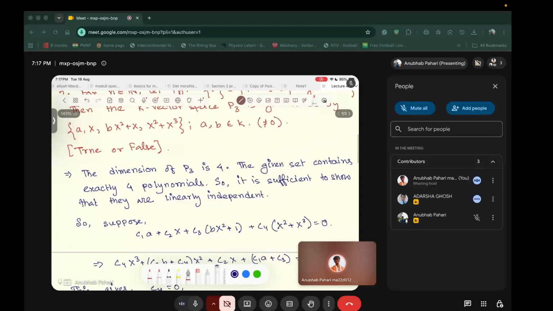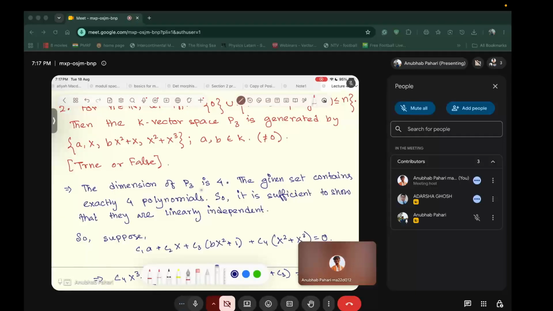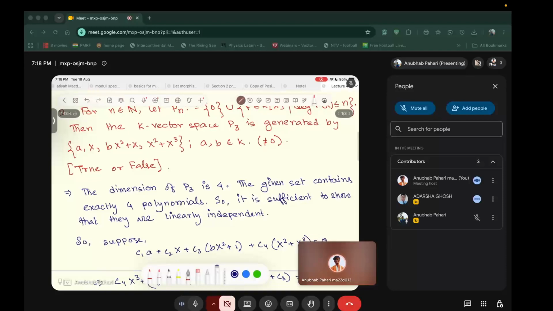Then, since the linearly independent set has cardinality 4 and the dimension of P3 is 4, it is a maximal linearly independent set, and that is equivalent to a basis. There should be an exercise or a theorem in the book that if a subset is a basis, then it is linearly independent, equivalently it is a maximal linearly independent set, and equivalently it is a minimal spanning set.